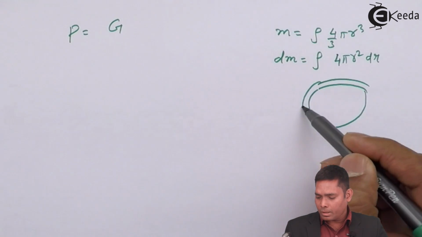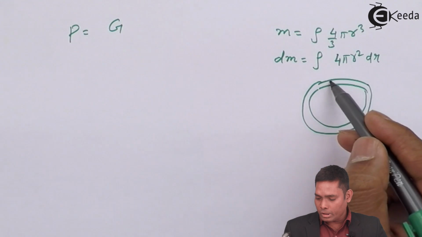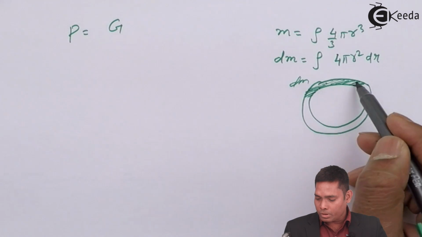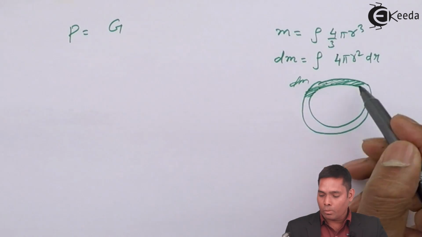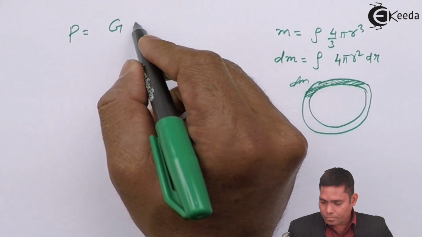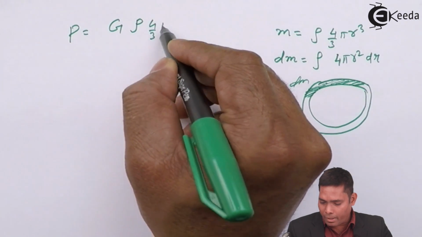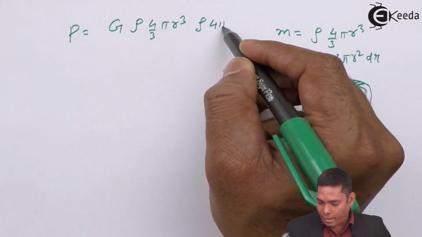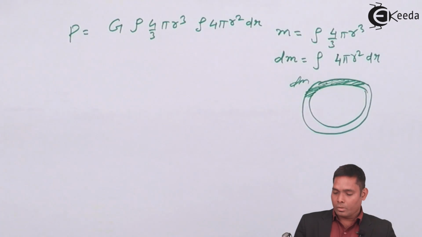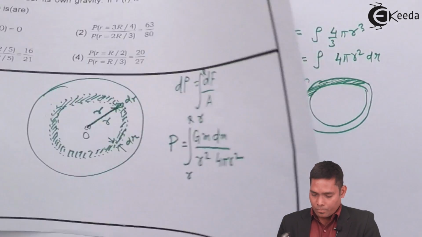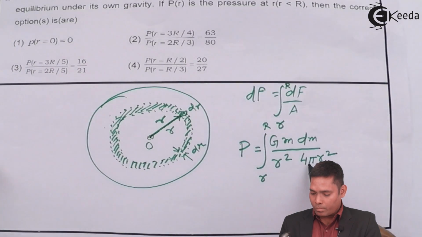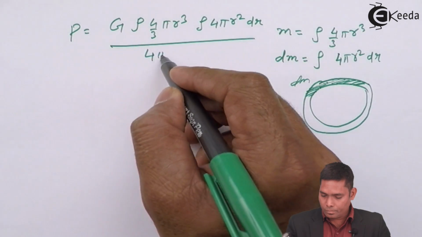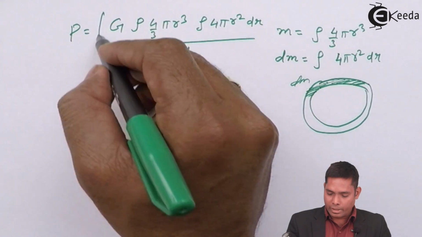Only this portion has mass dm, so density into 4 pi r square dr is the mass. I substitute rho 4 by 3 pi r cube into rho 4 pi r square dr, and divide by 4 pi r square, giving r to the power 4. You have to integrate this from r to R.